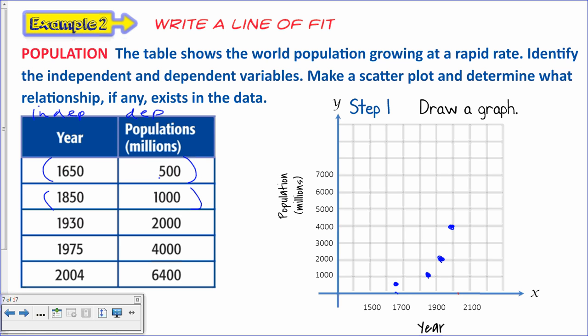Okay, 2004, 2000 is a little over, so 6,400. Maybe right in there.